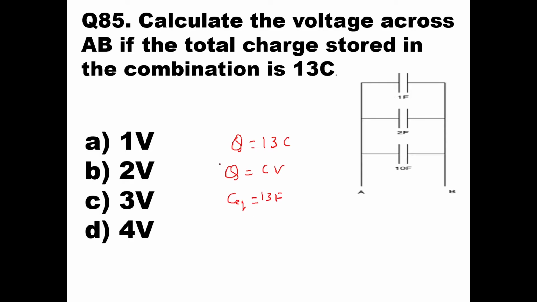So from the formula Q is equal to CV, we get V is equal to Q upon C, which is equal to 13 upon 13, which is equal to 1 volt. So the answer is 1 volt here. So option A, 1 volt, will be the answer. Then we'll go to the next question.